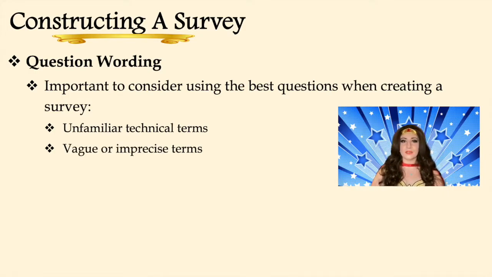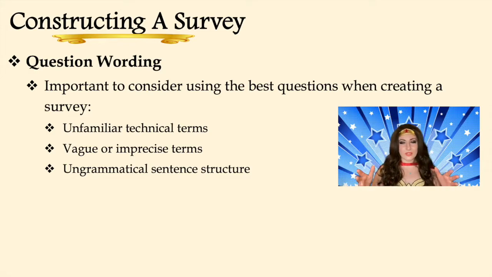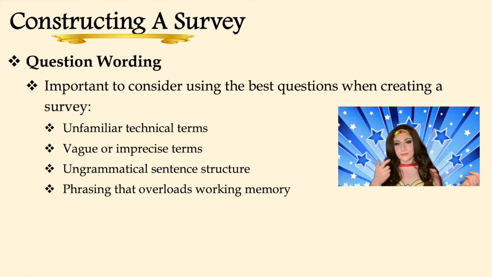You also want to make sure that your sentences follow the rules of grammar, so avoid ungrammatical sentence structure. And keep your questions and your phrases short, because once the phrases become too long, it overloads the participants' working memory. They forget, by the end of the question, how the question even started. So just make sure that you keep your questions short and concise, and try not to overload their working memory.